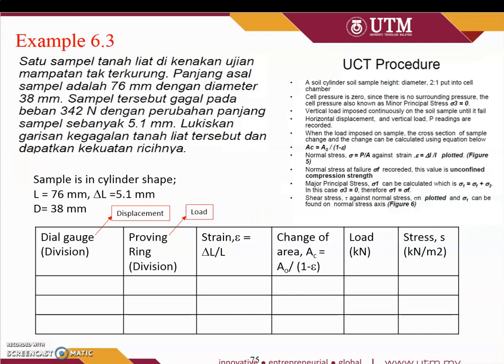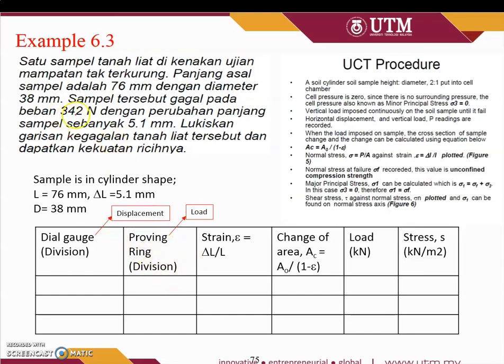Alright, so this is an example of a UCS test. We already learned that the dial gauge and proving ring give the displacement and load values. But in this example, the final load applied to the sample is already given, meaning it is already converted from the proving ring.